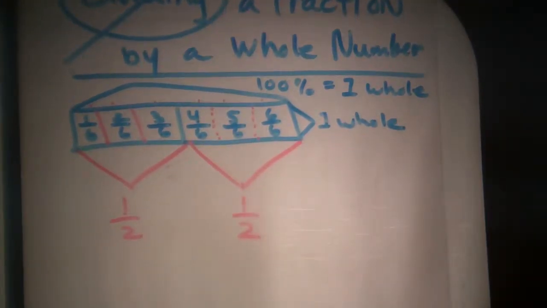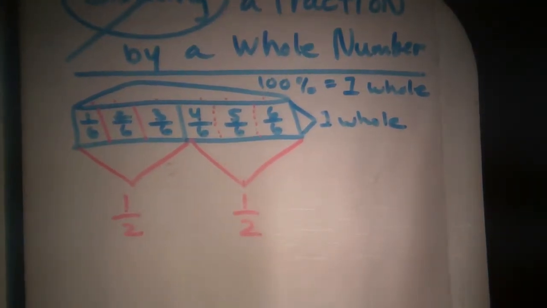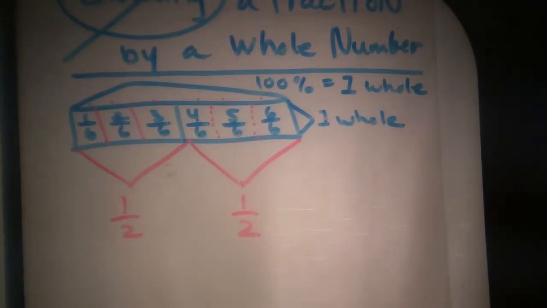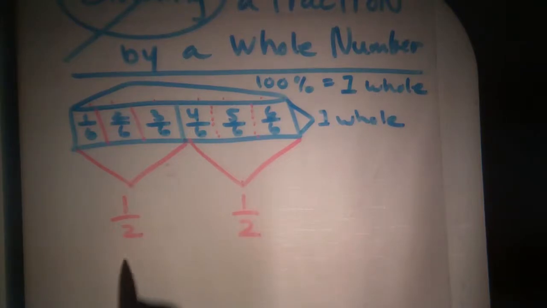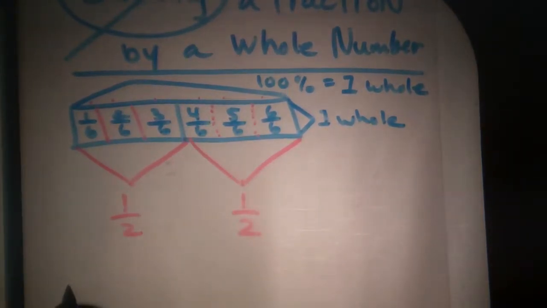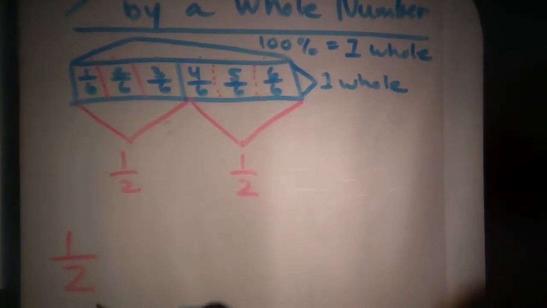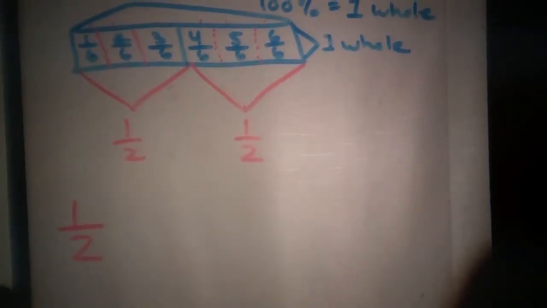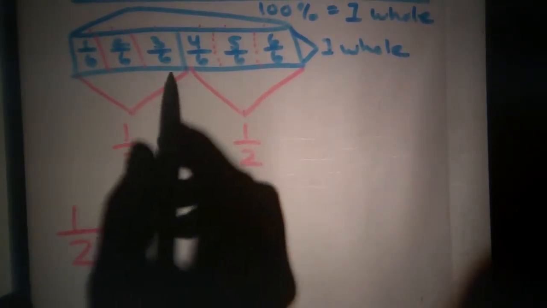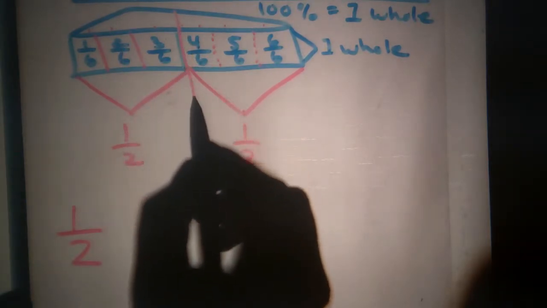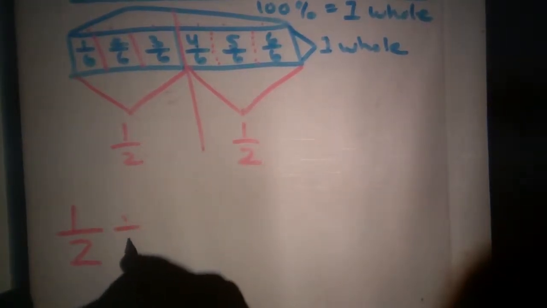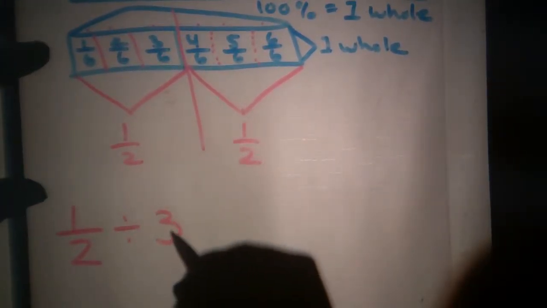Let's look at that with a mathematical equation. We know that we have 1 whole cut into 1/2 pieces. We're dividing this 1/2 piece here, we're dividing it by 3 because we cut the 1/2 into 3 pieces.